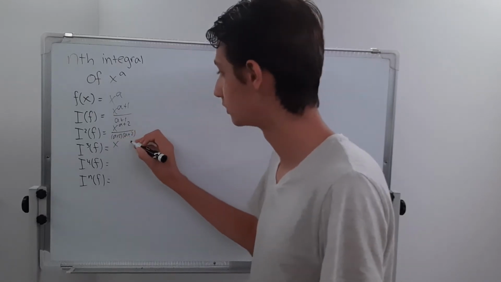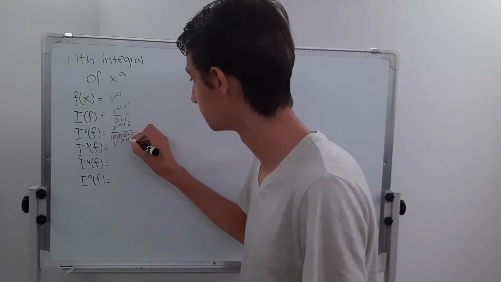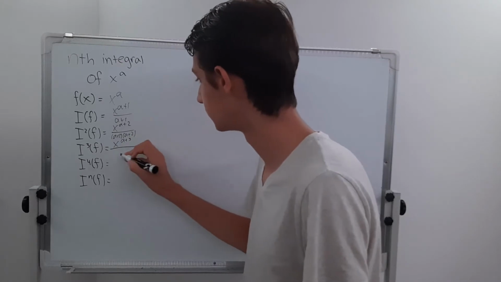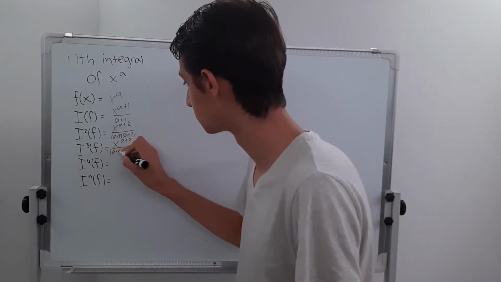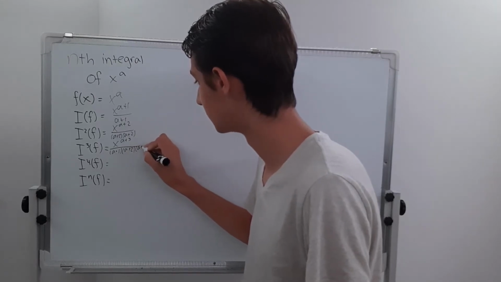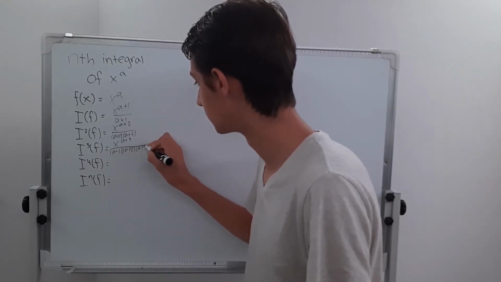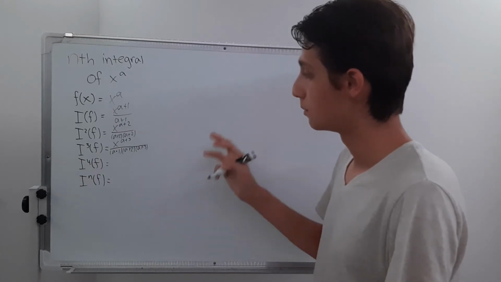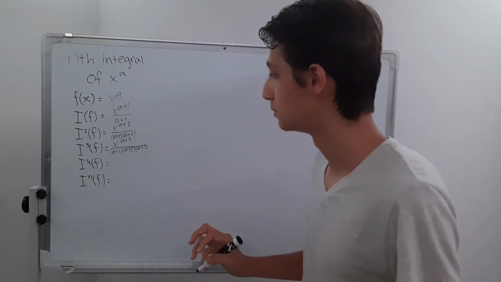So our third integral is going to be x to the a plus 3. We're dividing this by a plus 1 times a plus 2 times a plus 3. That's a lot, but you can already see the pattern here.